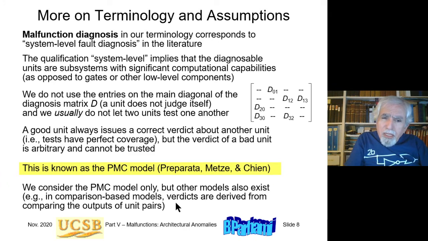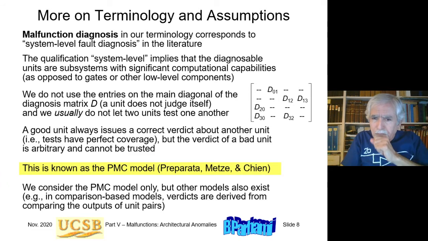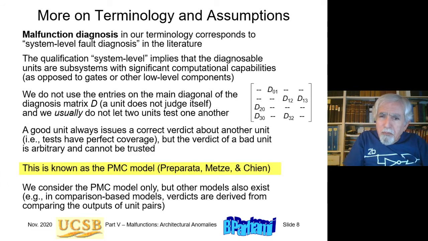There are also other models, including what is called the comparison model. So here, the PMC model relies on the judgment of one unit regarding another one. The comparison diagnosis model is based on two units basically performing the same computation, and the judgment about their health based on comparing the outcomes.